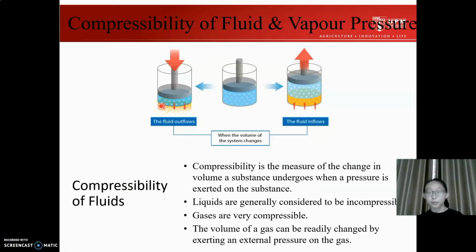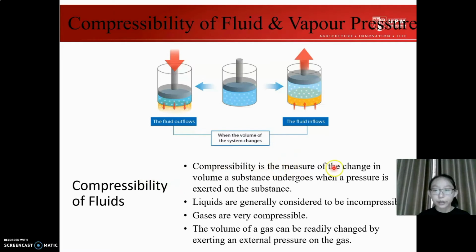This is the compressibility of fluid and vapor pressure. So we can see when the fluid outflows, the volume of the fluid decreases, and when the fluid inflows, the volume of the fluid increases.